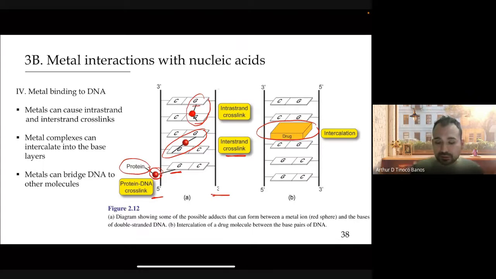This is a form of interaction called intercalation, where the structure of the drug is such that it can nicely layer in, and typically would induce a planar structure that can interact there and then cause a structural change. So this is a possibility.